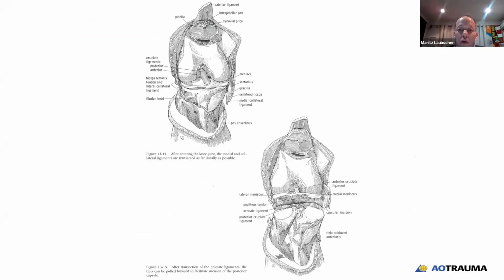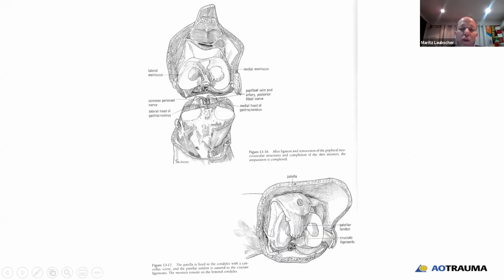So this is just an example. You cut the cruciates distal from the tibia, and then you use the cruciates to do a myodesis, as you can see here, of both your hamstrings. Very important. Remember, your hamstrings are your main hip extensors, and all your hamstring muscles, all five of them, cross your knee joint and attach to your tibia.